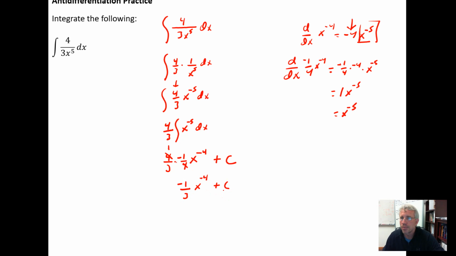Again, we need that plus c because if we differentiate d dx of negative 1/3 x to the negative fourth plus c, when we take the derivative of the c, we get a 0. So there are infinitely many antiderivatives. We don't know which one is needed, so we put that constant of integration on. So here's another example.